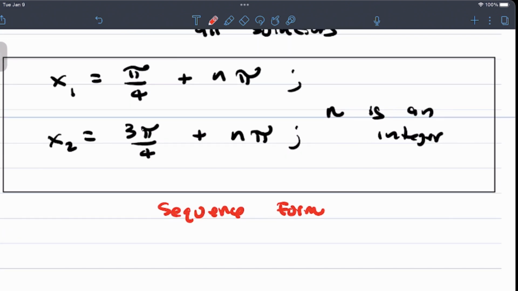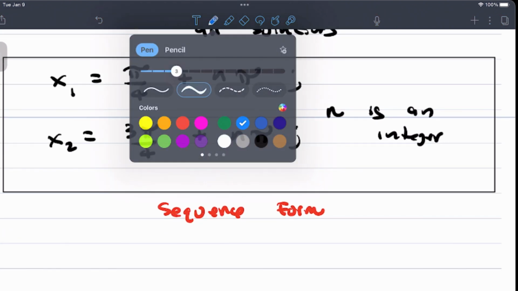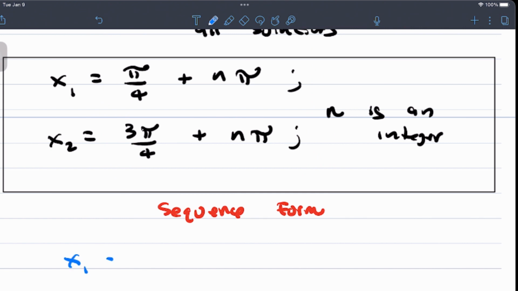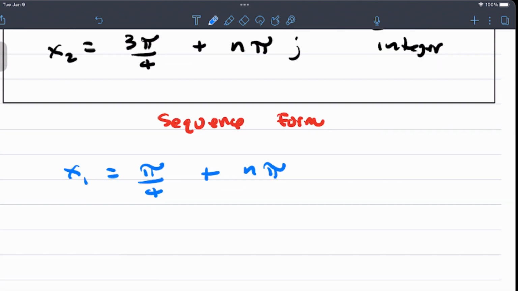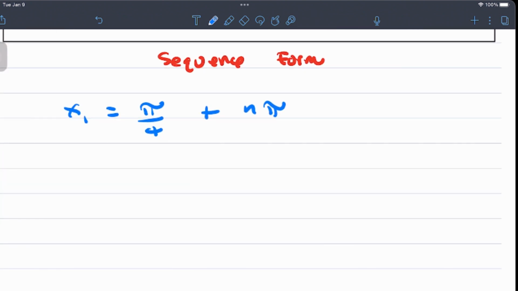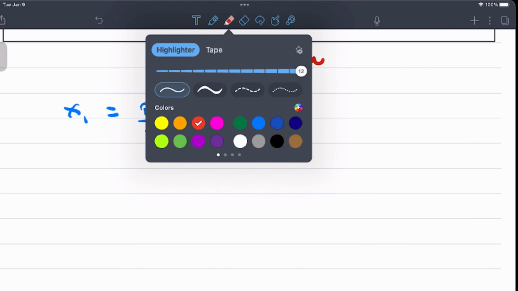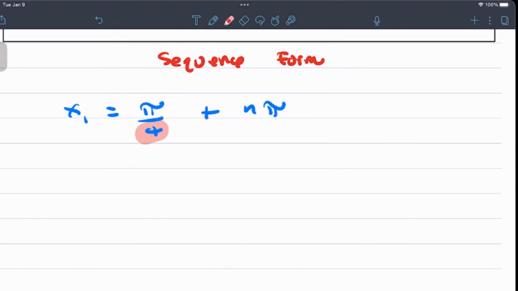But do you guys remember how to do the sequence form just in case? It's very simple here. I'm going to take that first solution. And if I said, okay, how do we get the sequence form? Really what you're going to do is this. You're going to notice the denominator is 4. So you're going to take 4 times the numerator, 4 times the denominator. They have the same denominator.